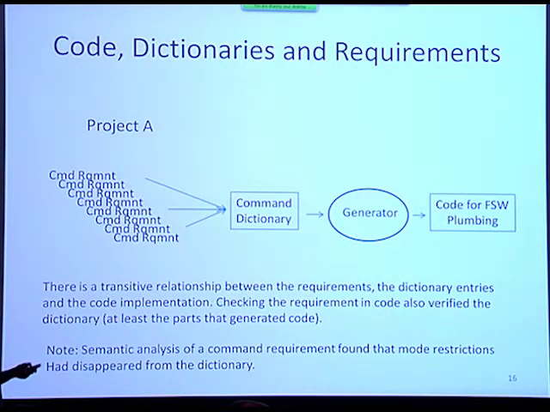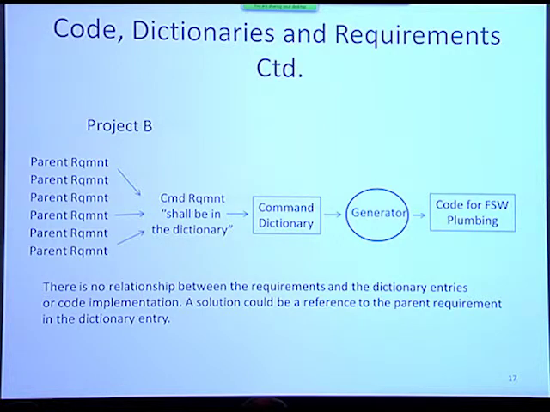And there was one case where we found that they had dropped all the mode handling by looking at the code. The requirement said you could only use this command in X mode, and there was no restriction on that. They had dropped it out of their process. So we found that using this.